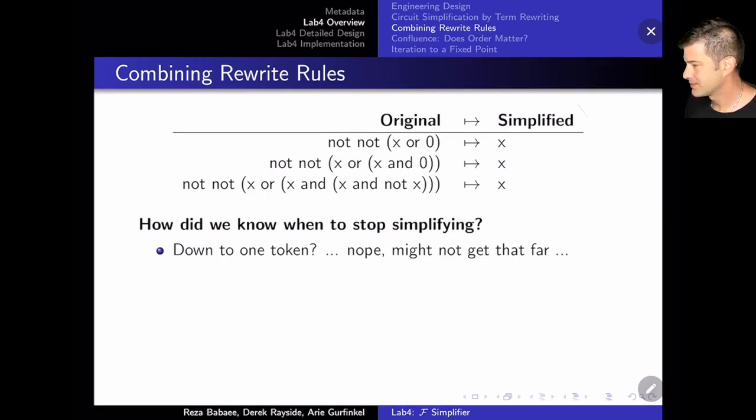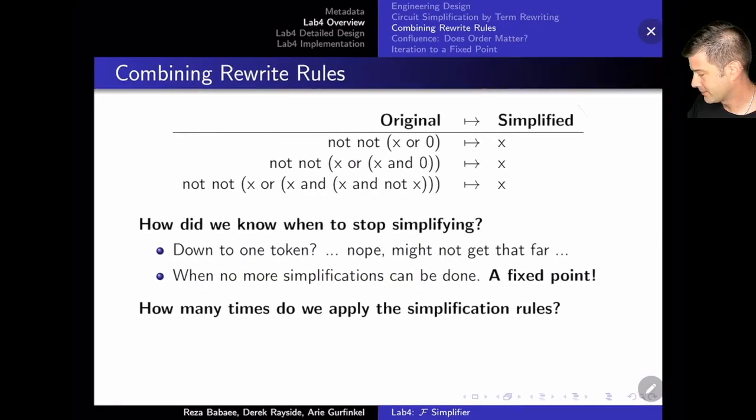Okay, so one suggestion that I see in the chat is, all right, just keep applying the rules while it simplifies. And this is of course the solution we want to do. So we're going to apply the rules while the input is different from the output.